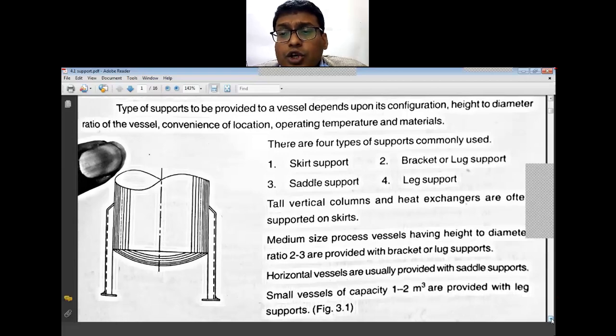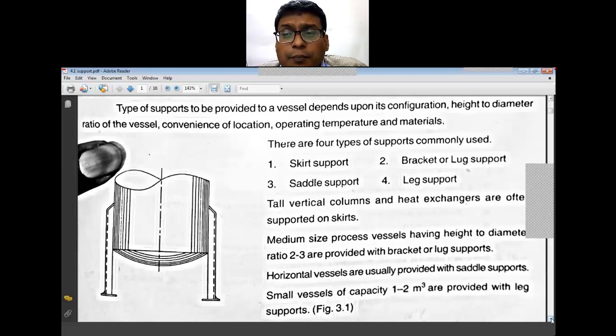However, the use of this leg support is limited to small vessels, with a capacity of 1 to 2 cubic meters. Now, the skirt support is used for high vessels, meaning tall vessels.